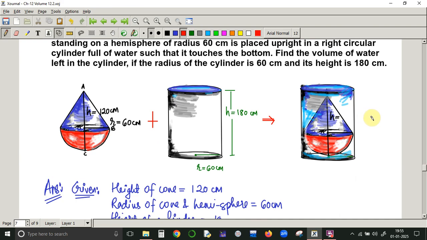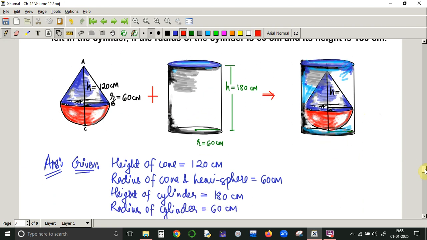How can we do this? Total volume of cylinder minus volume of this solid will give you the amount of water left in the cylindrical container.